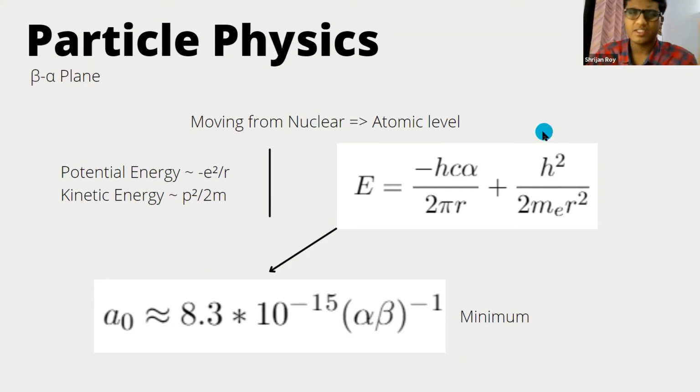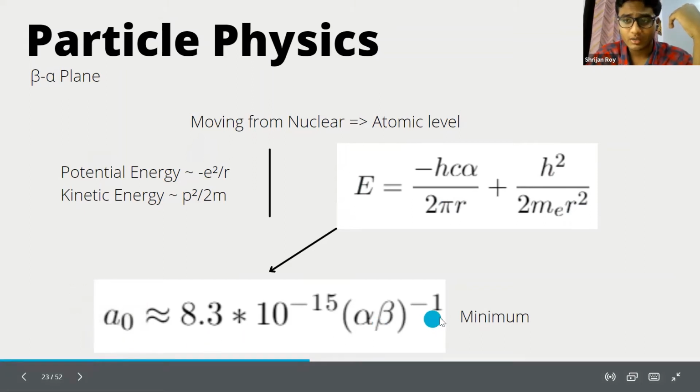So basically, let's first consider the total energy of an electron, which is the potential energy, minus e square by R, and kinetic energy as P square by 2m. By some simple substitution using de Broglie's hypothesis, one may write the total energy as this, and differentiating it, of course, we get the radius of the first electronic orbit.